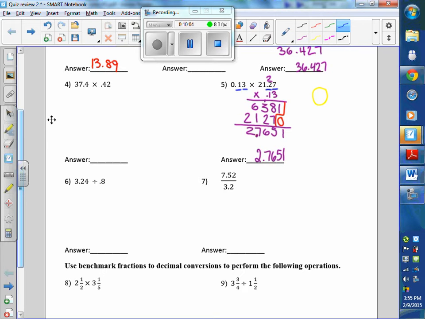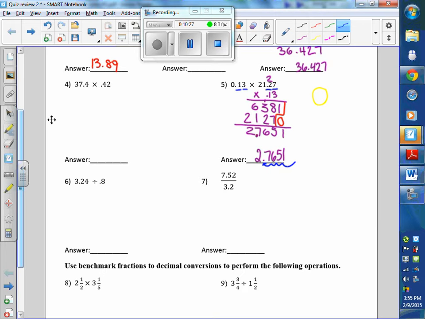You count up all the digits after the decimal point in the whole problem. There's 4. So then you would come in from the right 1, 2, 3, 4 times. Does that make sense? A little bit. I think estimating makes more sense, but it's nice to do both.